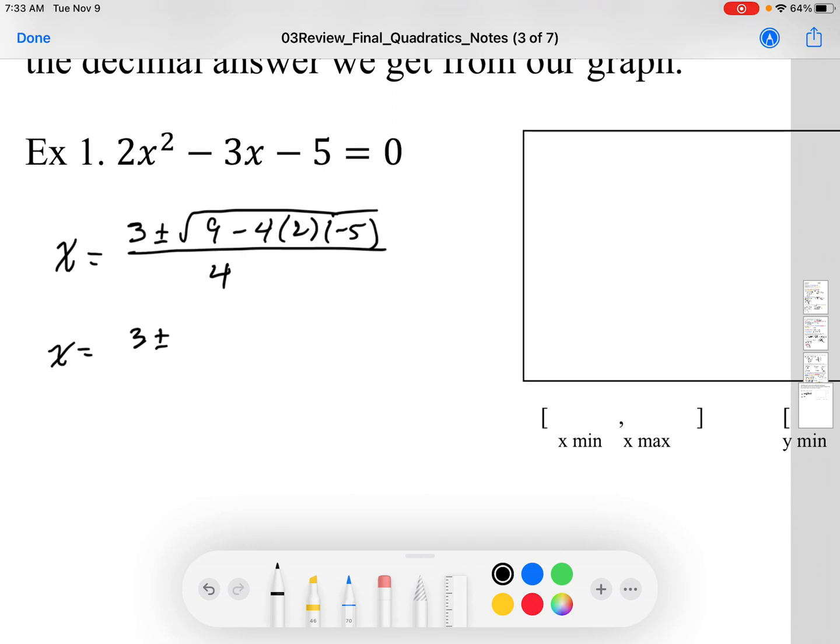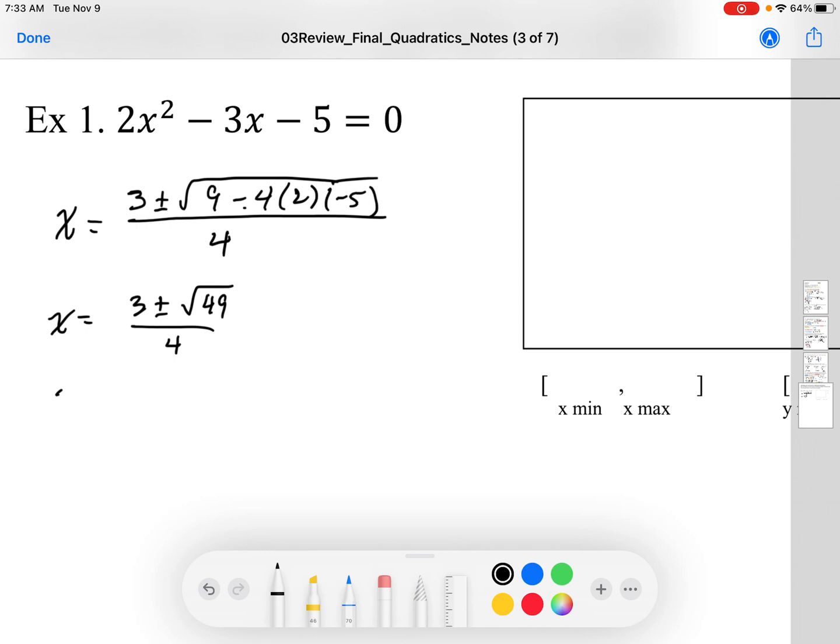We're going to add, so we're going to do 9 plus, looks like 40. So we're going to get square root 49. That's a perfect square, which means this is actually factorable. So our solution is 3 plus or minus 7 all over 4. Okay, or in other words, we get 10 over 4 and negative 4 over 4. Okay, so that simplifies to 5 over 2, or 2.5, and negative 1.